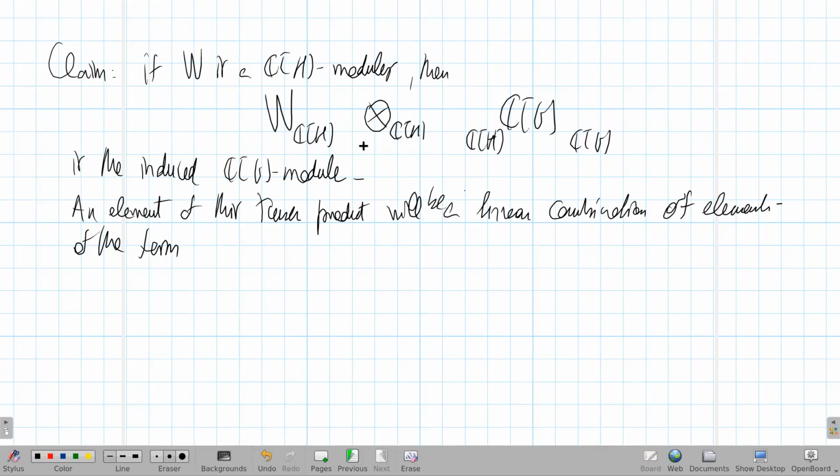It is not true that even if you just take vector spaces, an element of the tensor product is the tensor product of one element here and one element here.